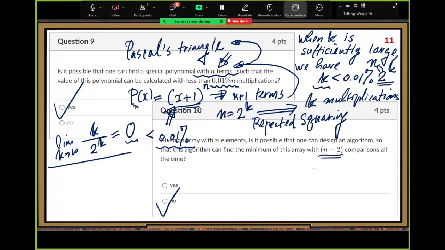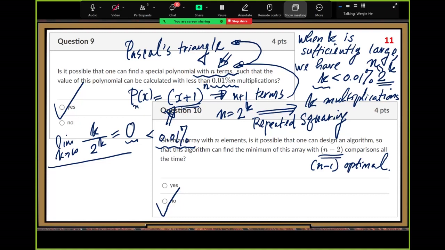In class we showed our n minus 1 comparison solution is optimal. That means nobody can improve it. Nobody can reduce the number of comparisons of an optimal solution by 1, even by 1. It's impossible.